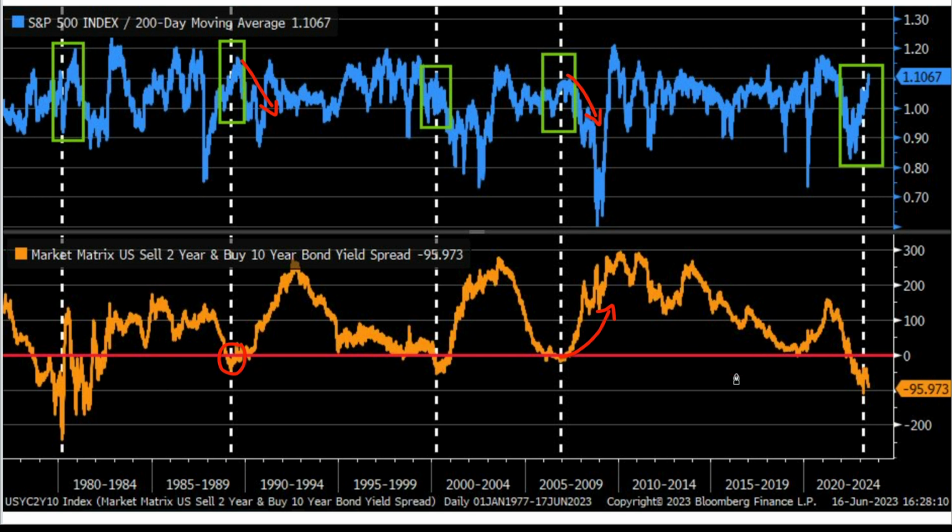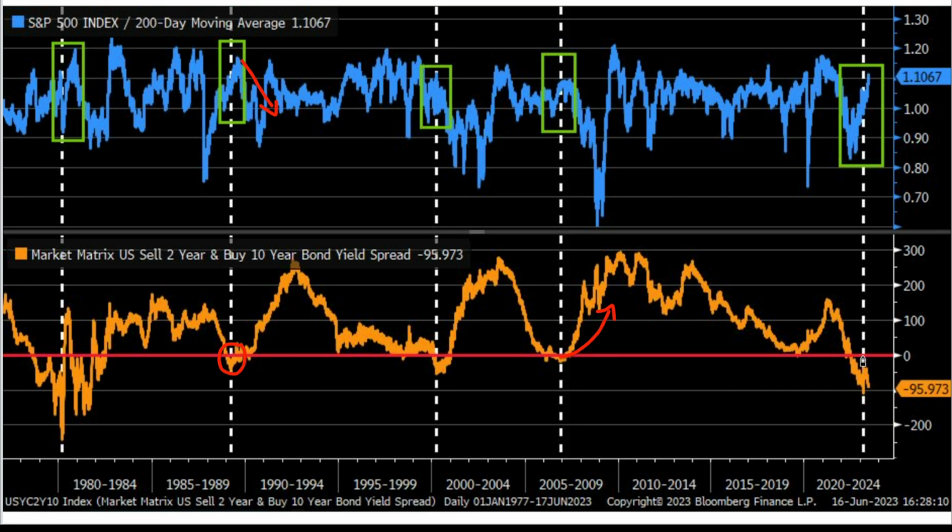Now, again, a big reason for this is because whenever there's an inversion of the 2-year and the 10-year yield bond spread, that means that a recession is likely to happen, and it has been an accurate indicator, being 100% correct over the last 40 years. And so why would this time be any different? As we can see, we are currently deeply inverted at this point.